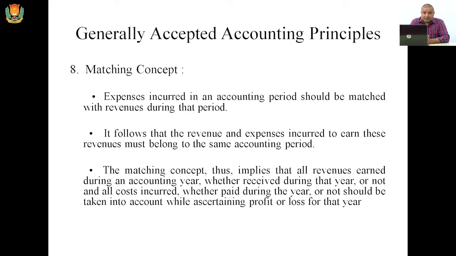Due to this principle, outstanding expenses are also shown in the profit and loss account. They are added to the concerned accounts, and prepaid expenses are deducted from the concerned head. In the same way, incomes which have been earned but not received till date are also shown as income of that particular year.